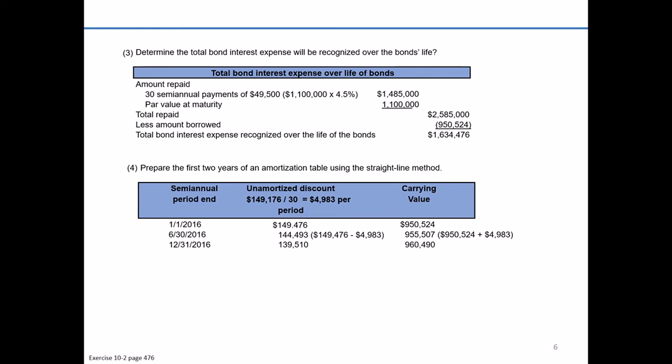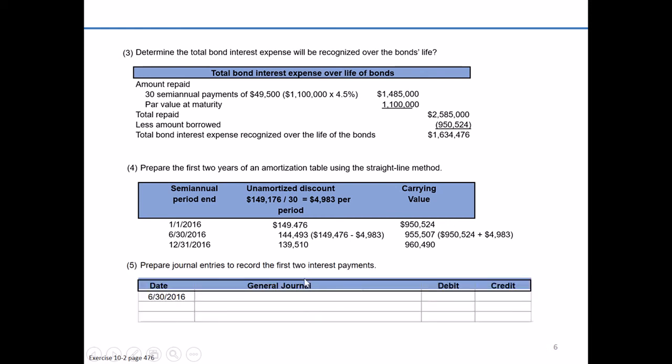So we look at this, we have a decreasing amount of unamortized discount over the life of that particular amount that's going to subtract from bonds payable in order to raise up our carrying value. At the end of the 15 years, the carrying value would equal the par value. Not going to work through all the calculations, but trust me.